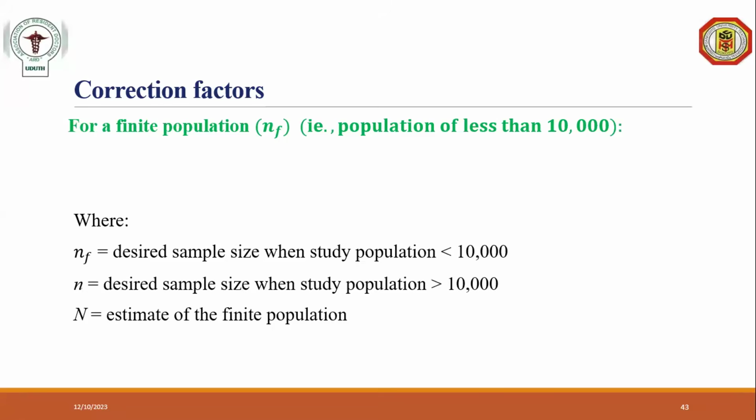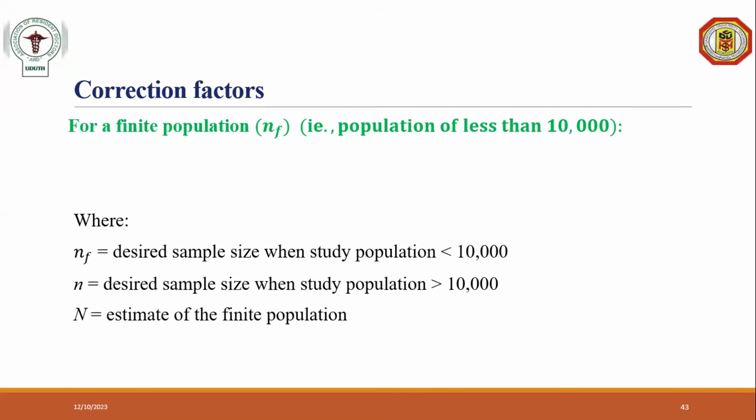So in this case, your corrected formula: NF will be equal to 300 divided by 1 plus 100 divided by 300. So 100 divided by 300 will be equal to what? 100 divided by 300 will be equal to 0.33.